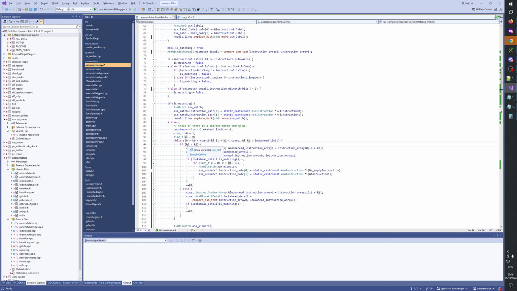So what? Oh, hold on. So look ahead is wrong side. This must be 0. Right, and empty instruction goes here.